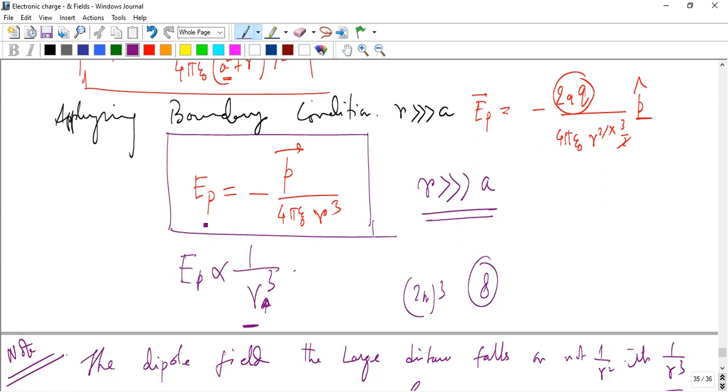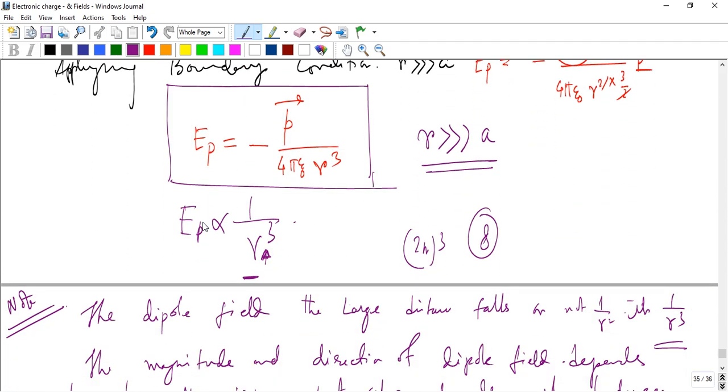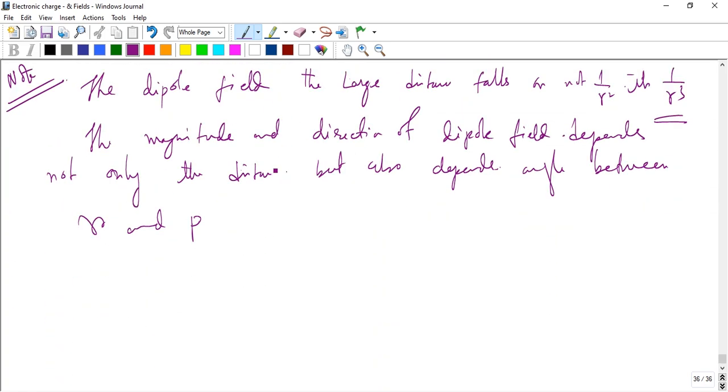If the distance between the dipole charges, 2a, tends to 0, the distance between the two charges will be 0.